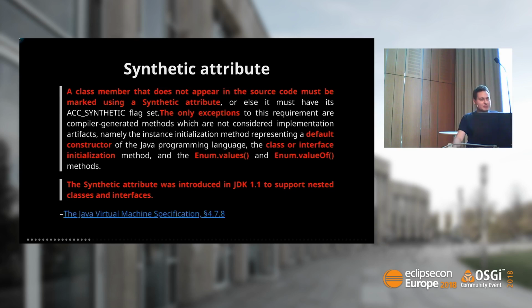And there are exceptions. As in any language, there are always exceptions. The only exceptions are the default constructor that we've seen already, class or interface initialization methods, we've seen the initializer, it was not synthetic, and the two methods, enum values and enum valueOf. So that's exactly what we've just seen.